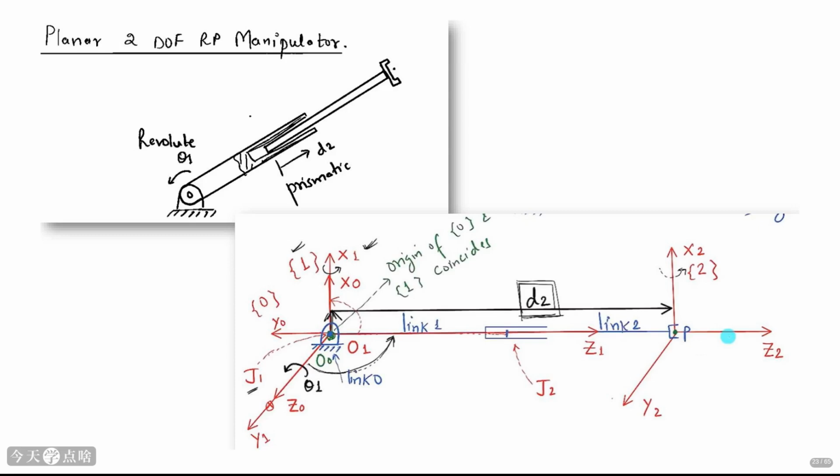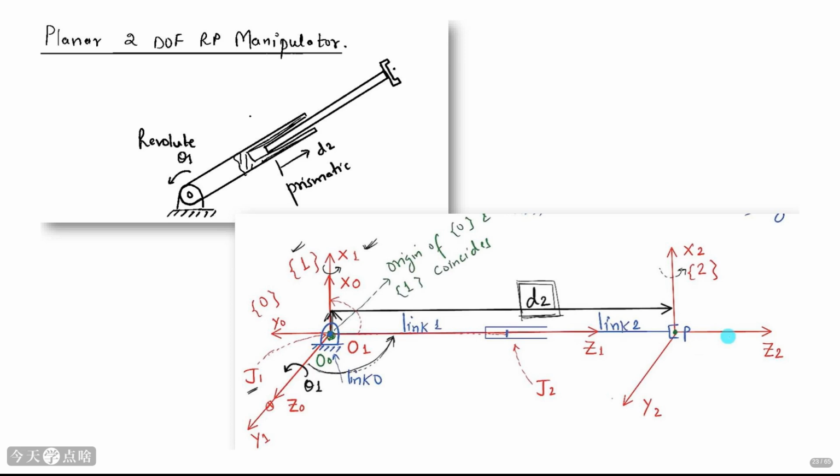Now, let's consider a slightly different robot, one with a mix of joint types. This example has a revolute joint, J1, controlled by angle theta 1, and a prismatic joint, J2, controlled by linear displacement d2. The diagram shows the structure and the coordinate frames. The DH parameter table needs to be adjusted for this case.